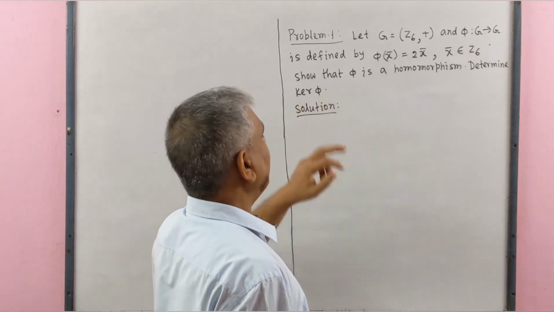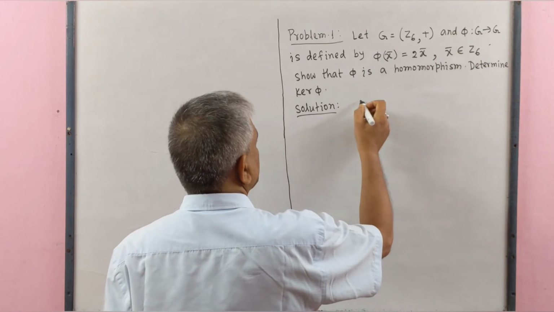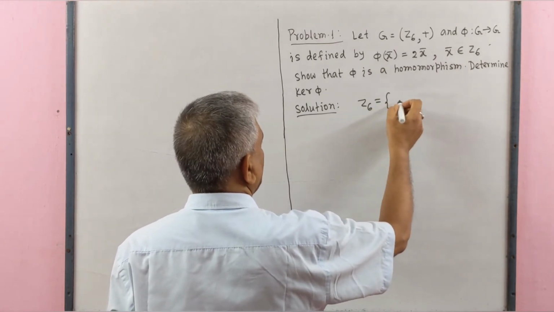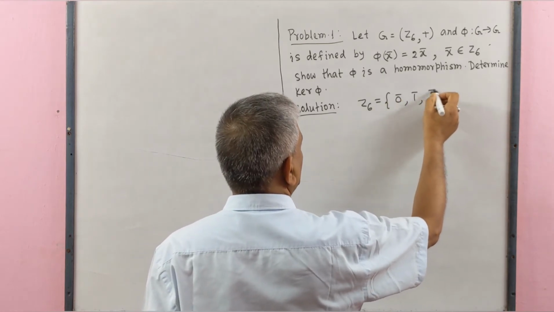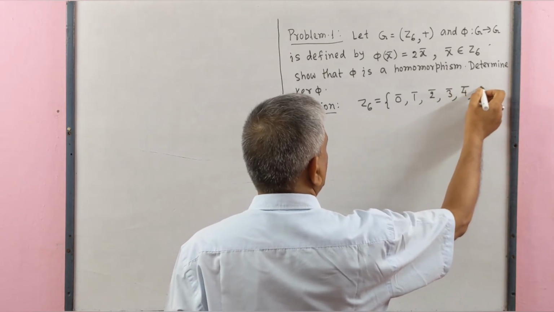Determine the kernel of phi. Since Z6 contains classes 0, 1, 2, 3, 4, 5.